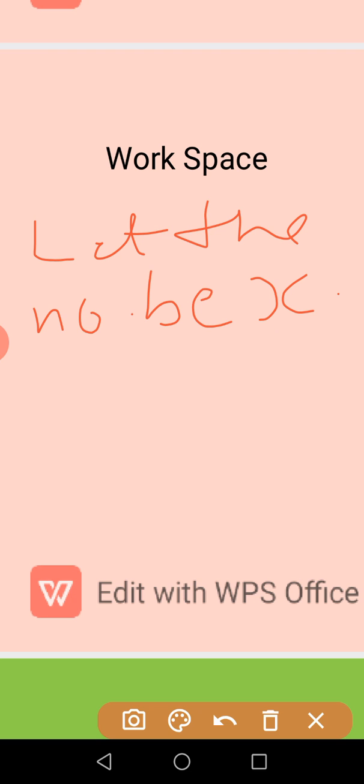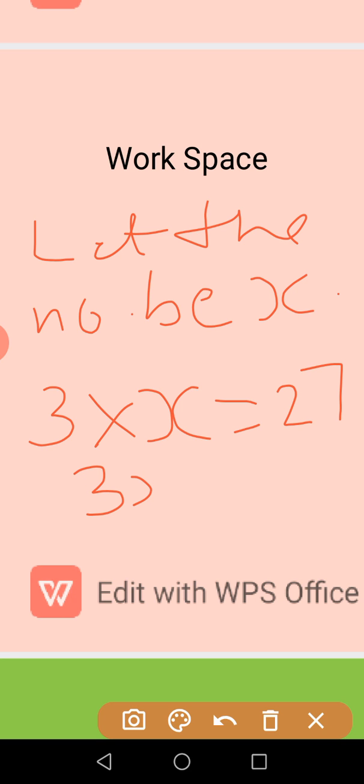Then what will you get? Multiplied by 3, 3 into x will give the answer as 27. Then 3x equal to 27 is an algebraic equation, because the equal to sign makes it an equation. So here numbers and variables both are included.